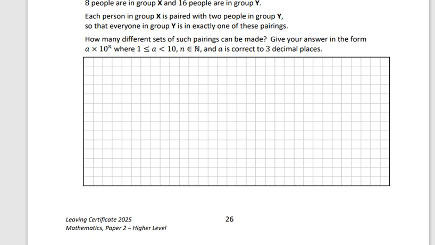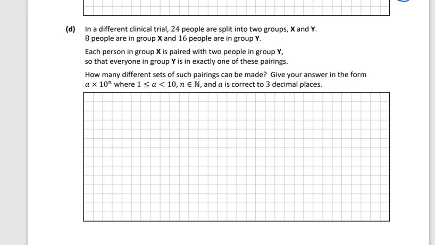Right, this part then. So I have to look at it slightly differently here. So there's 8 people in the first group and then 16 in the second group. So if we just take each of those 8 people, so 1, 2, 3, 4, 5, 6, 7, 8, so 8 people.